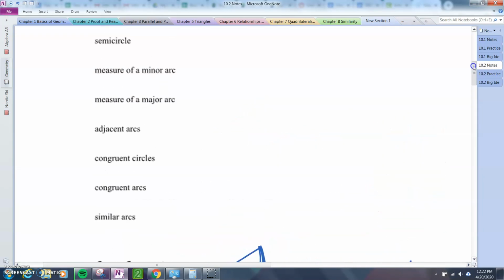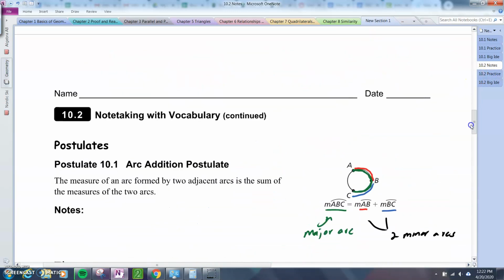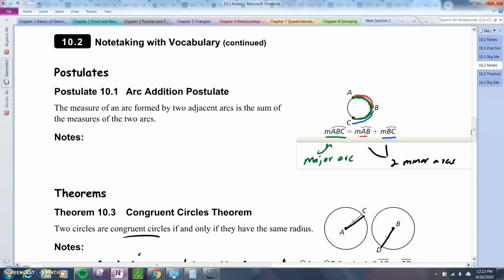All right, so that is just the beginning. Oh, one other thing, adjacent arcs. Adjacent arcs are just arcs that are next to each other. An example of that: since AB and BC are next to each other, we could refer to them as adjacent arcs.